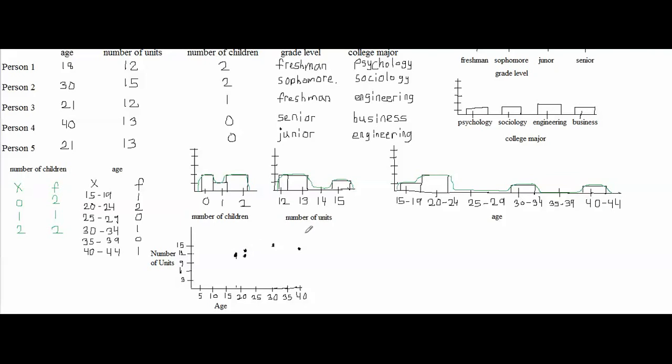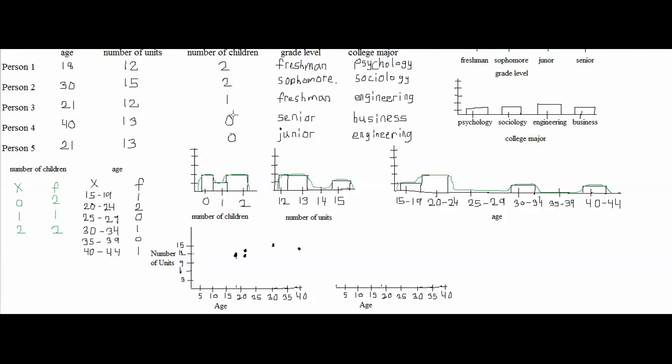We could also create a scatter plot for age and number of children. We could just take the x-axis we had for age and just copy and paste it. And then our y-axis is going to have number of children instead of number of units.